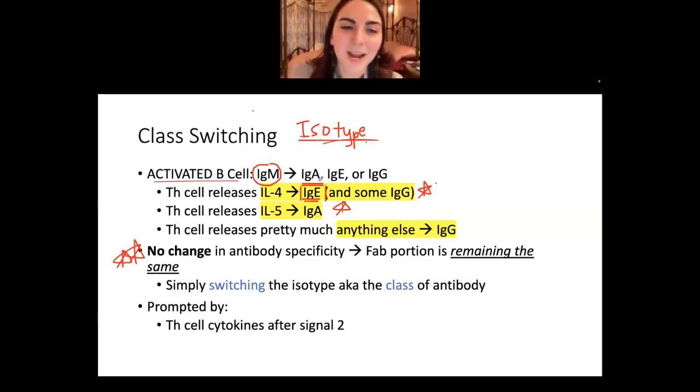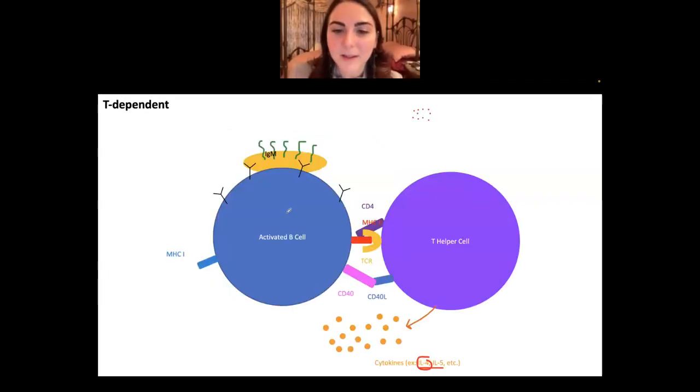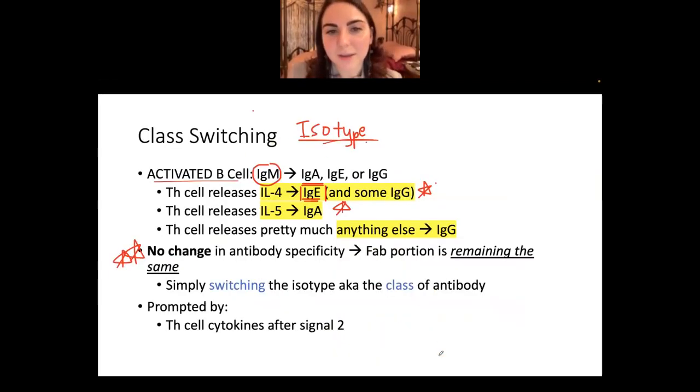Mainly when you get IL-4 release, you get class switching from IgM to IgE. If the T helper cell releases IL-5, then we're going to class switch to IgA. This is probably more of a GI infection or something at the mucosal barrier. That's when you would want to release IgA.